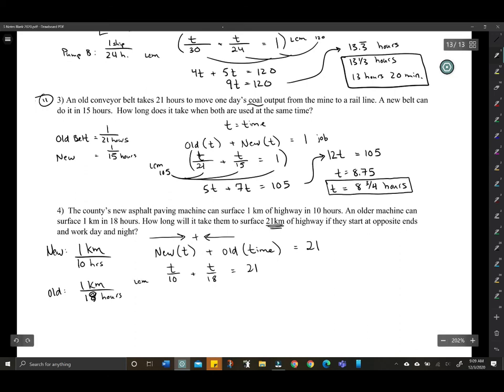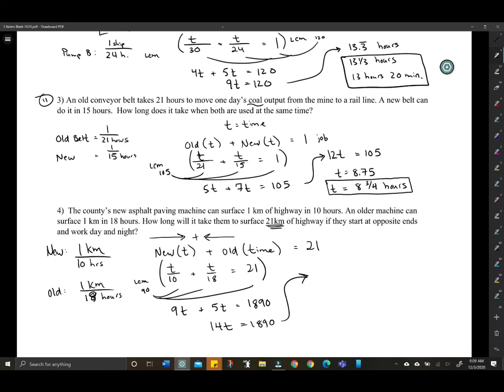So that's 9 times T plus 90 divided by 18 is 5 times T. And 21 times 90 is 1,890. And that just means 14T equals 1,890. And 1,890 divided by 14 is 135. 135 hours.